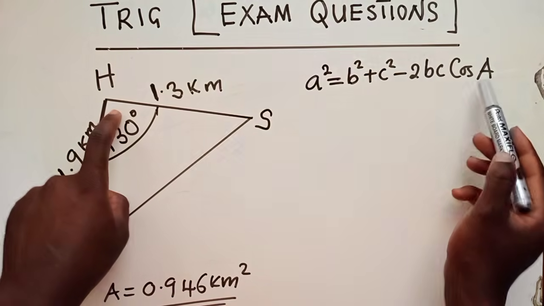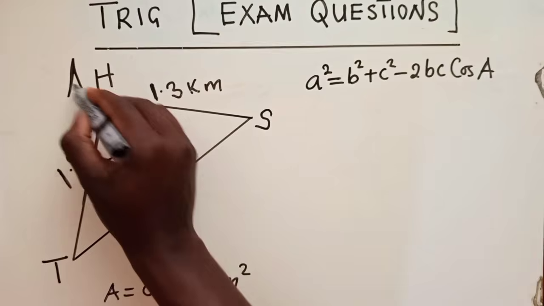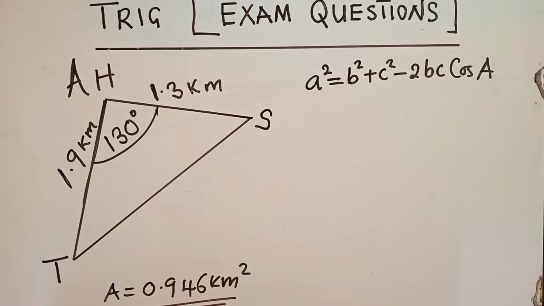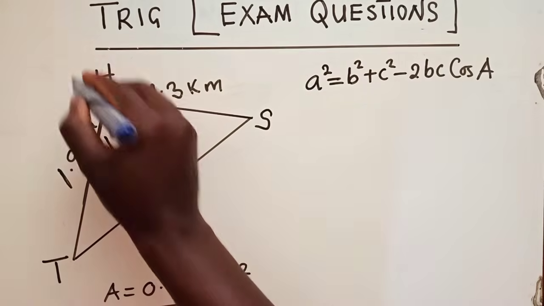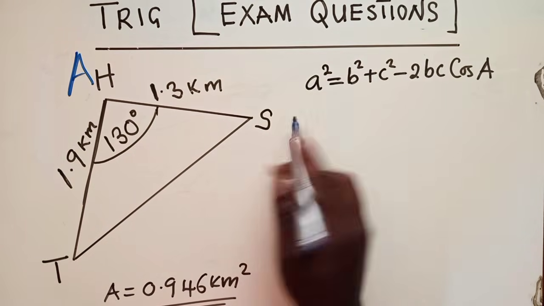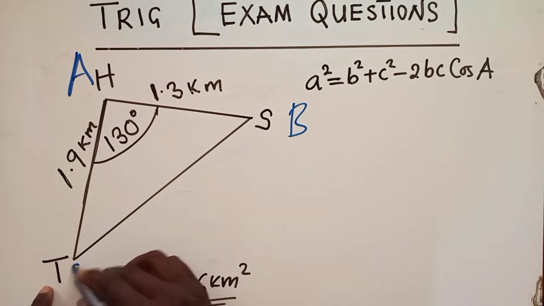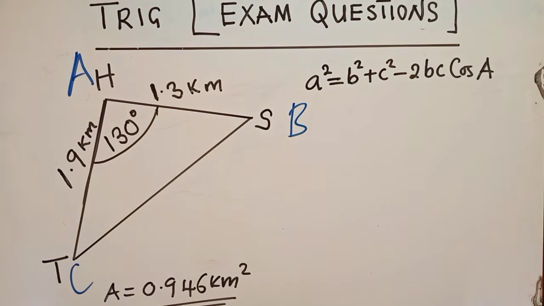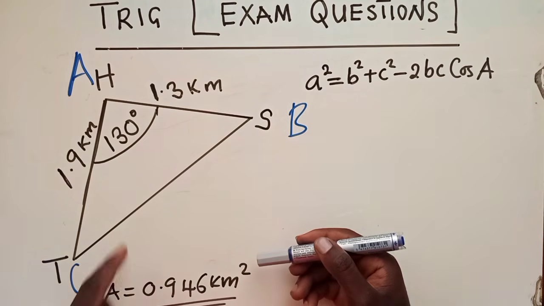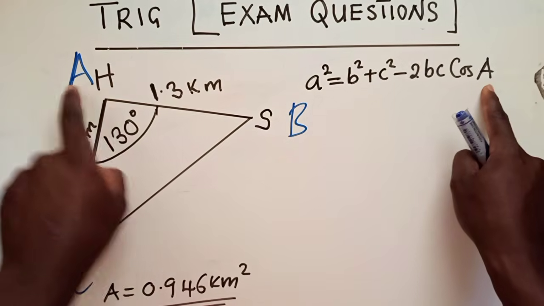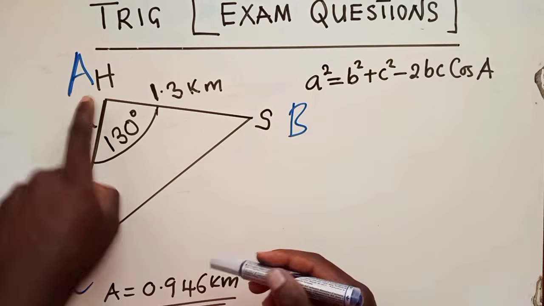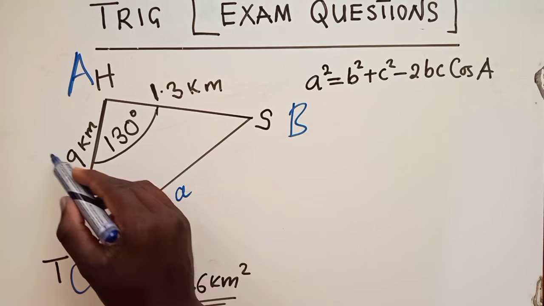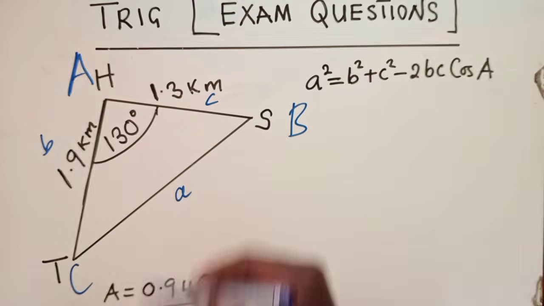Start with this capital letter A. Let me use a different color, blue. So this will be my capital letter A. Right here I can put B, here capital letter C. You can change the letters, it's fine, but your key should be this, A. So if this is my capital A, my small letter a will be here, small letter b will be right here, small letter c will be here.